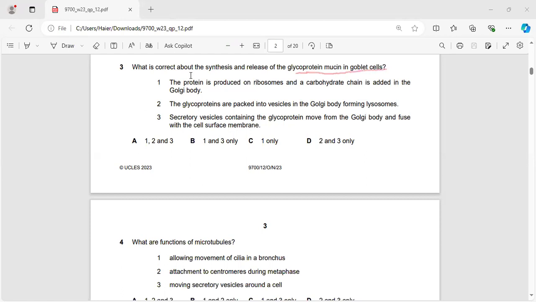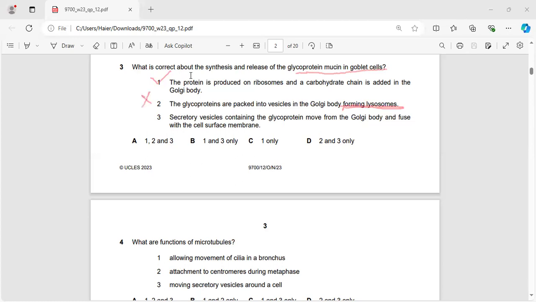The protein is produced on ribosomes, and a carbohydrate chain is added in the Golgi body. Yes. The glycoproteins are packed into vesicles in the Golgi body, forming lysosomes. No, lysosomes contain hydrolytic enzymes.